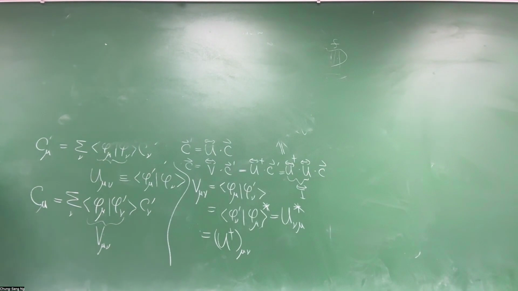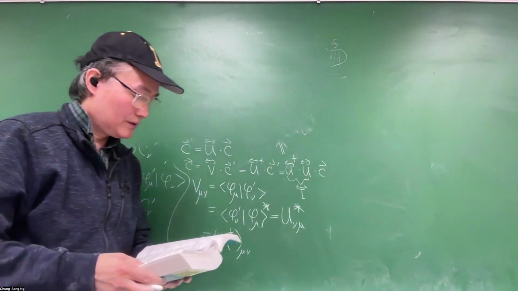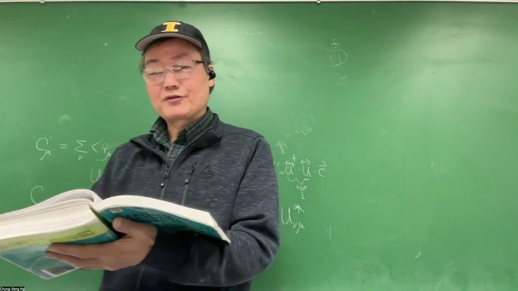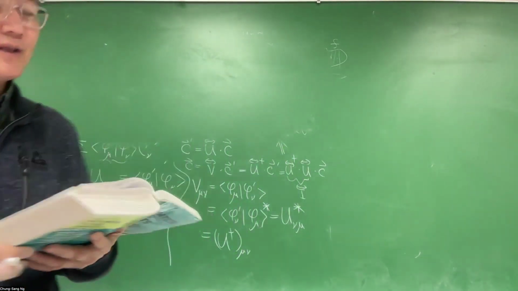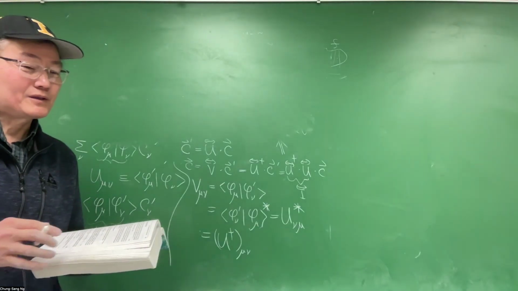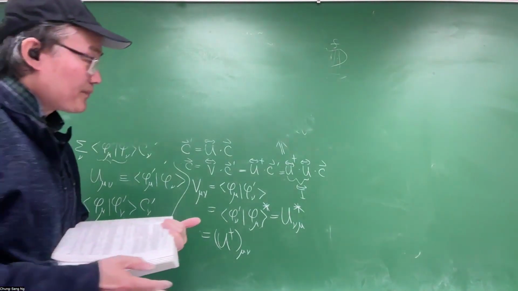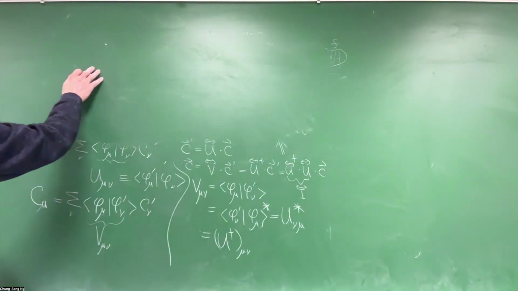If you want to use a new basis, we might as well do the transformation of operators also, because many equations are operator equations. So if you transform all the vectors in the new basis, you probably need to transform the operators in the new basis also.